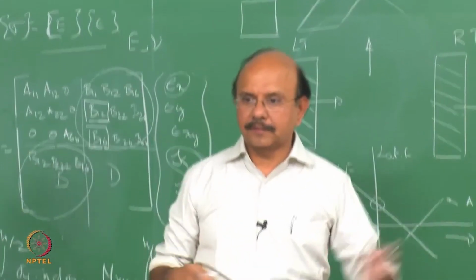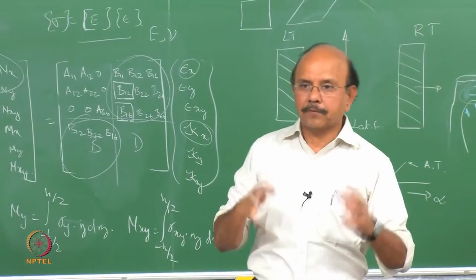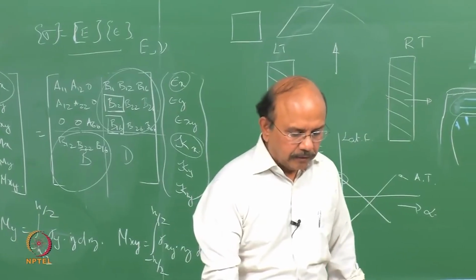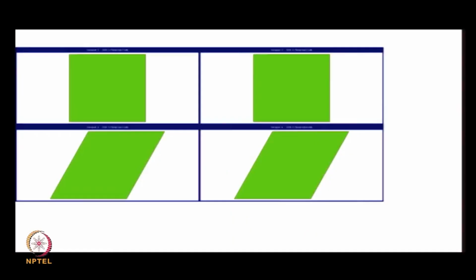All those blocks are rhombus type of figures. We will explain this in a minute, and we will come back to that. So, in other words, they are not what is there at the top; they are more rhombus type of figures.